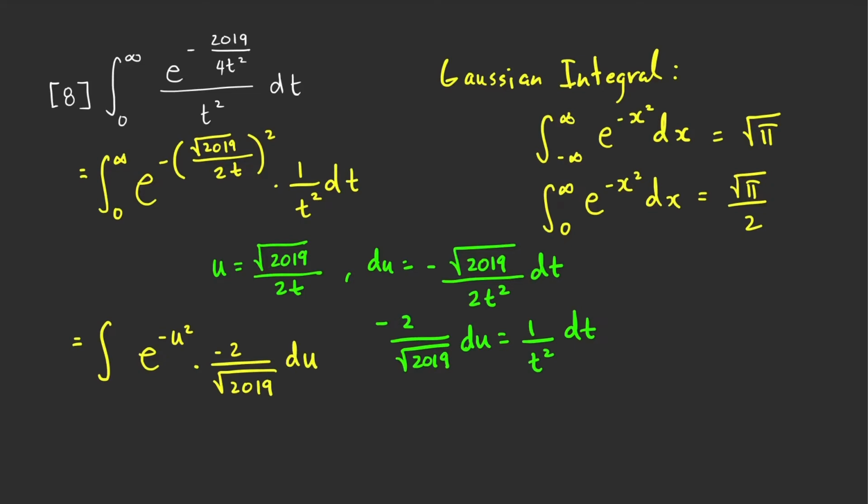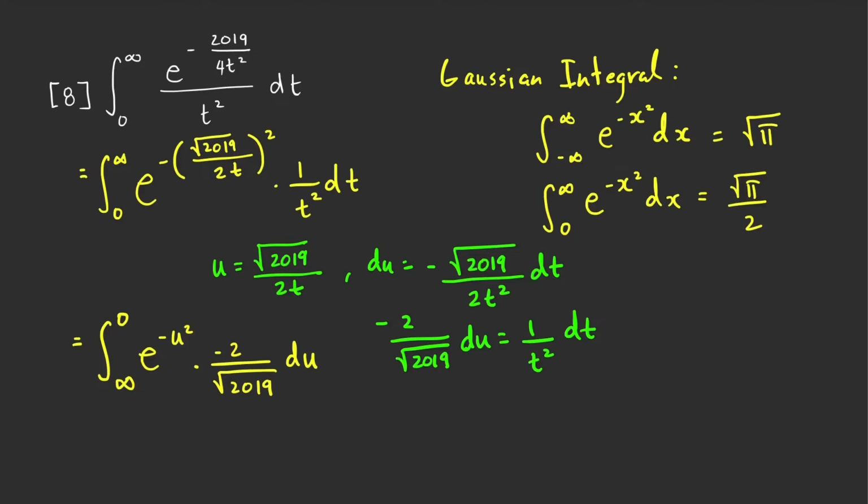And what are the limits of integration? If we look at this 0 here, as t approaches 0 from the right, this u approaches infinity. And as t approaches infinity, then this u goes to 0. So the upper limit of integration in this case is equal to 0.